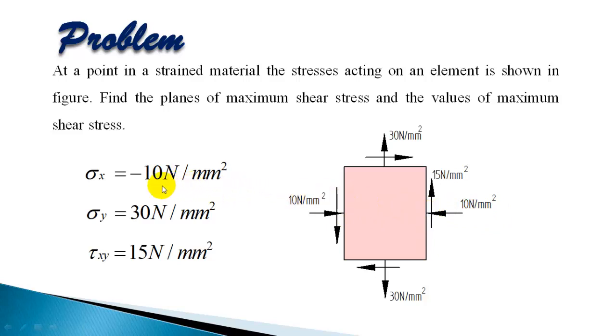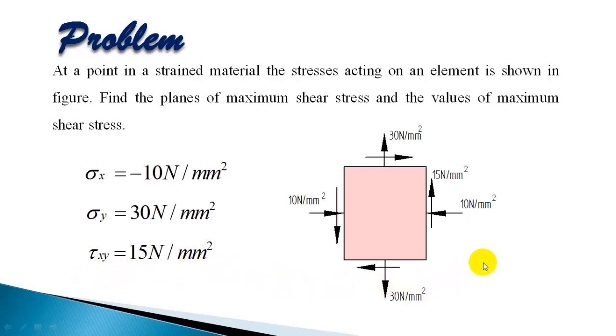So it is minus 10 Newton per mm square, and sigma y is acting away, it is pulling the element. So on the top face, if you see, it's upward, so you can take it as positive 30 Newton per mm square. And shear stress on the right face, you can see it's upward, so it is positive, so shear stress is 15 Newton per mm square.